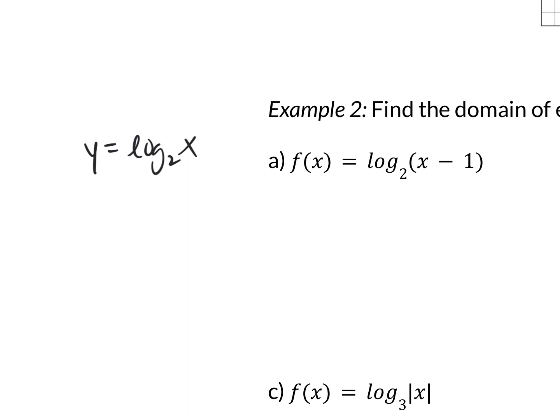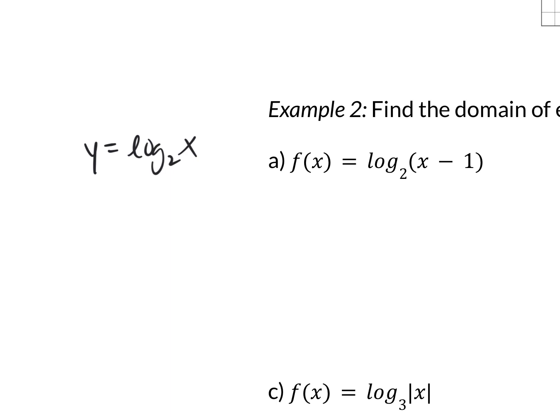Do you guys agree? What I'm trying to say is, can 2 to the power of anything equal 0? It could equal 1 if it was raised to the 0 power. But can I ever get 0?